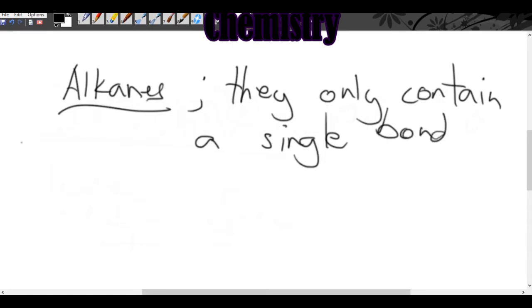Now, this is actually one of the most popular ones, and we are using this to combust materials. I mean, think about it for a second. If you're doing a barbecue, right? All of the fuel from the barbecue is called propane.